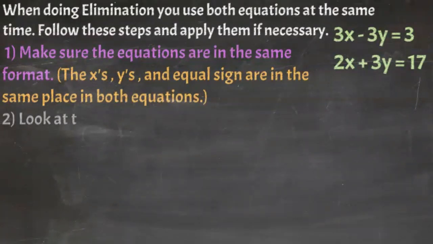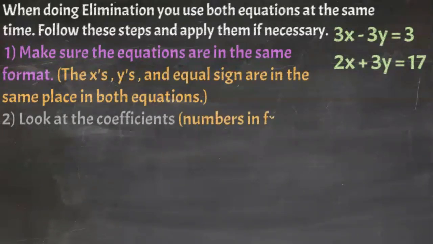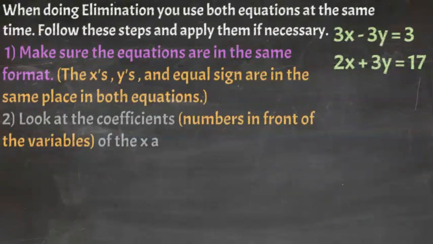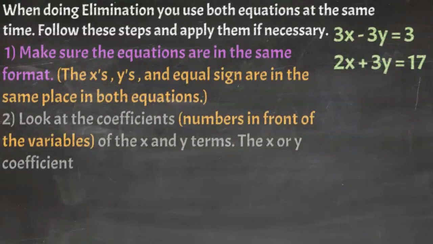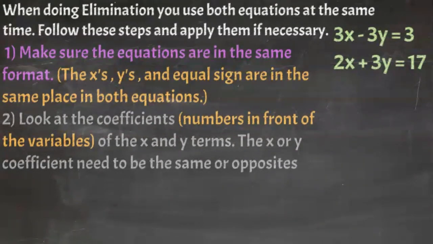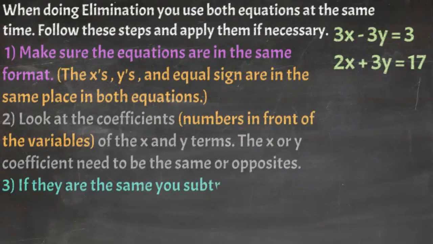Then the second step is you look at the coefficients, the number in front of the x and y terms. The coefficients of the x and y terms must be opposite or the same. Then you can go on to the next step. If they are the same, then you subtract the equations.